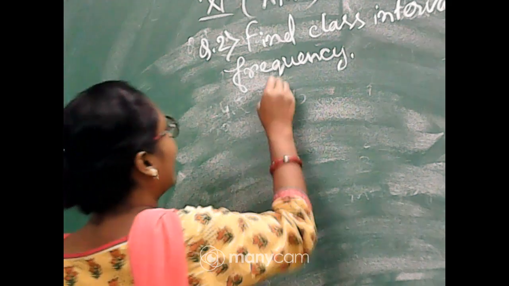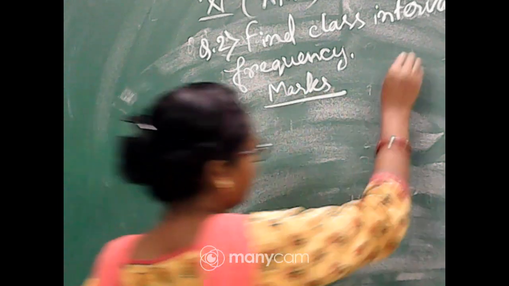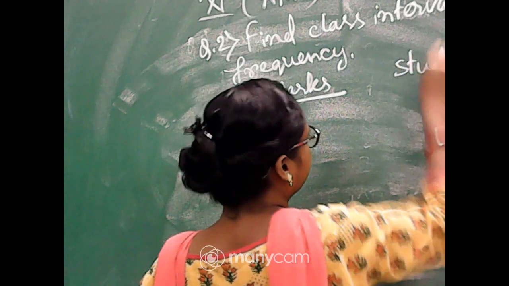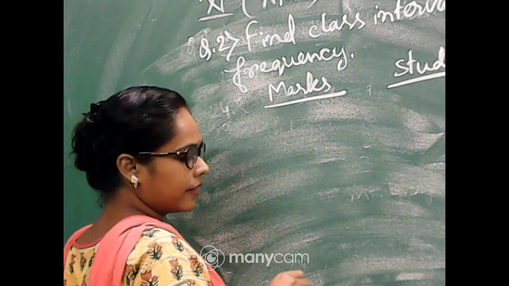So, marks and students, 2 columns are given.